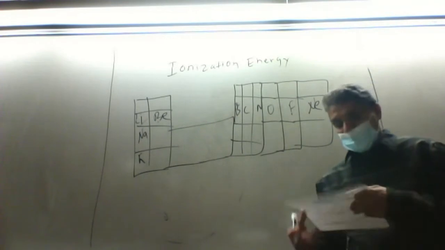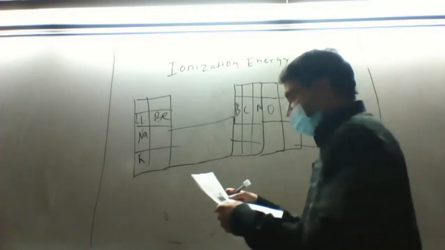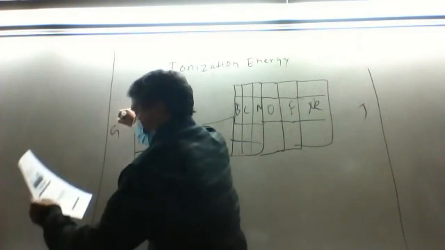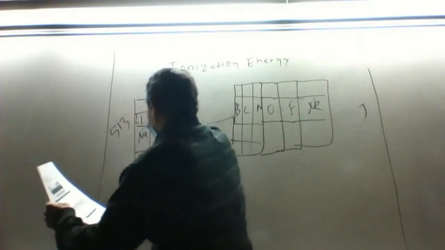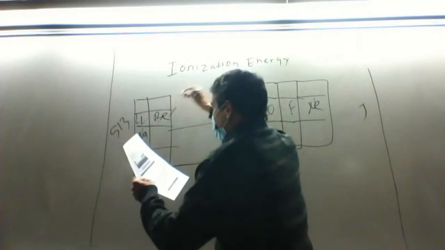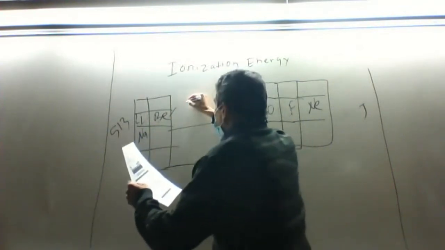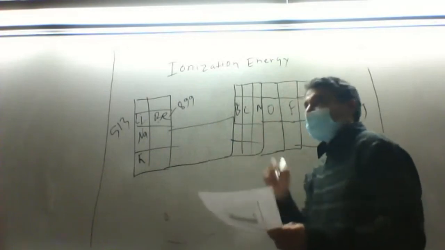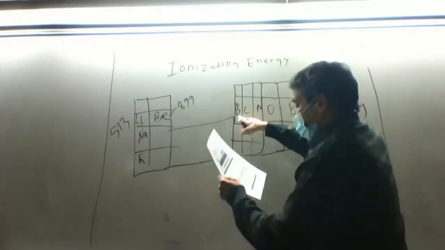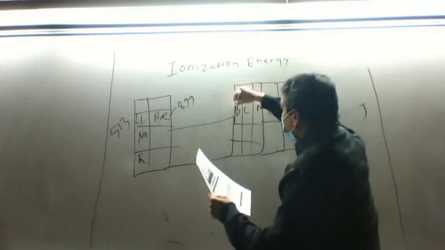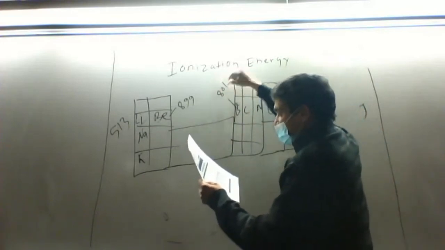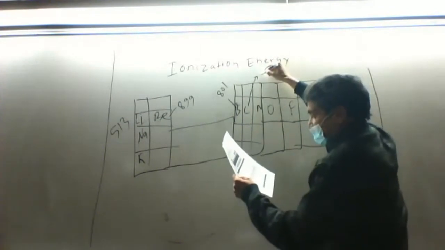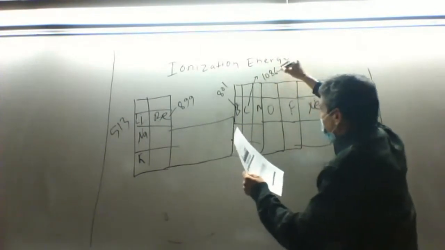Make sense? So if you want to throw out the first electron of lithium, you need to give 513 kilojoule of energy. If you want to throw out the beryllium electron, you need to give 899 kilojoule of energy. That one electron we are talking about is in the outermost orbit. If you want to throw out the boron electron, you need to give 801. For carbon, we need to give 1086 kilojoule of energy.